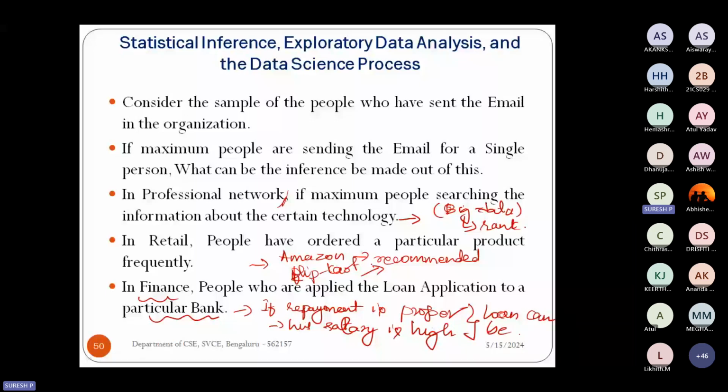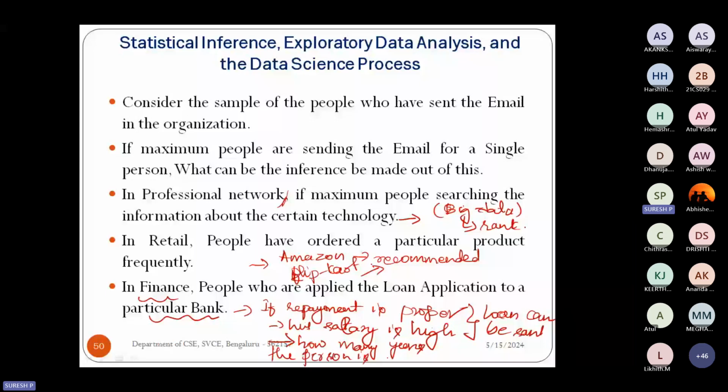Another sample we can take here is how many years the person is working consistently in a single company. This is another observation you can make to arrive at the conclusion.